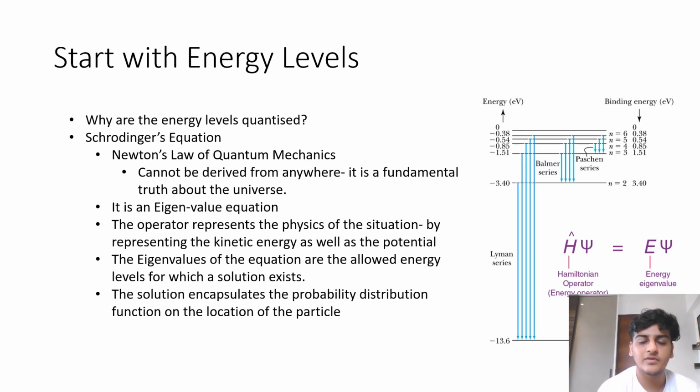Cool. So far we've understood that we have certain energy levels that are allowed, and not all energies can be taken by the electron. Now I want to talk about why exactly this is the case. Why are the energy levels quantized?